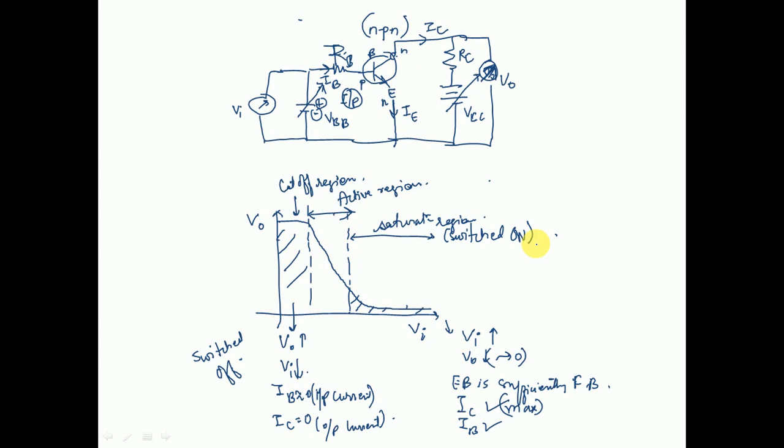However, in the cutoff region, when Vi is very low and V0 is very high, IB equals 0, so IC will also be equal to 0. So the switch is off at that time. This is the complete understanding of the transistor working as a switch.